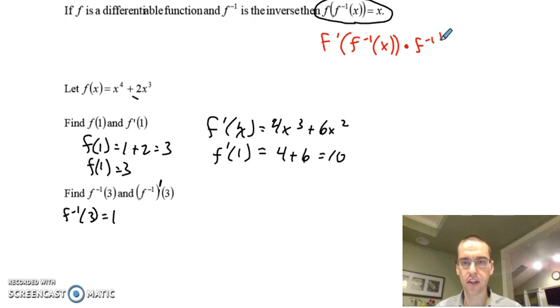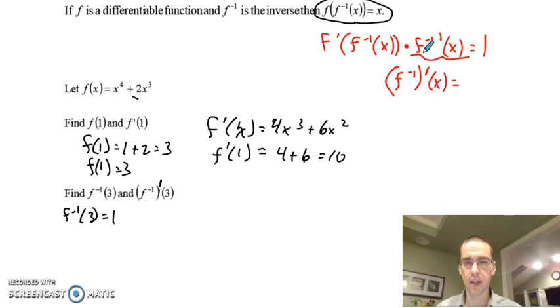Now, I don't have a great way of writing this, so the derivative of f inverse of x equals 1. And what we're trying to solve for here is the derivative of the inverse, which is this part. So if I can solve for the derivative of that, well, how do I get that alone? I divide this over to this side. So 1 over f prime of f inverse of x.